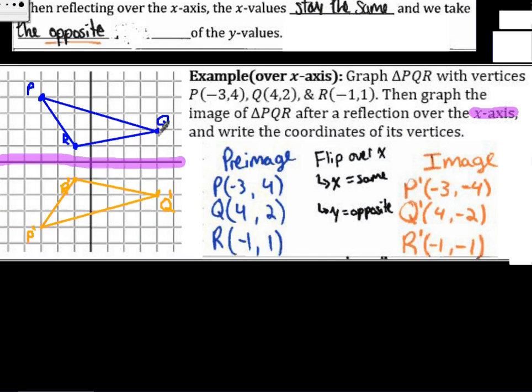This is going to be 2 spaces away, which is also 2 spaces away. Each of these points is the same distance from the axis. So the R's are 1 step away, and the P values are going to be 4 steps away. All right, so we know we are good for that one.